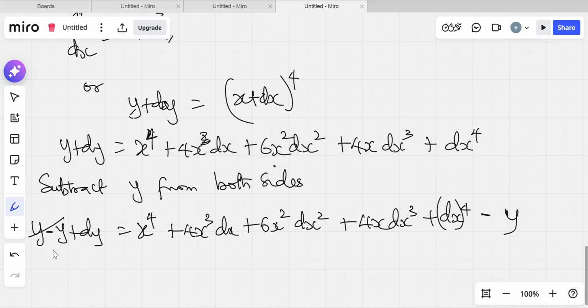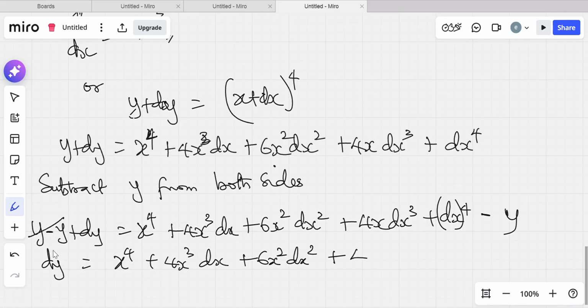So that this y can go. So dy will now be what? x to the power 4 plus 4x to the power 3 dx plus 6x squared dx to the power 2 plus 4x dx to the power 3 plus dx all to the power 4 minus x to the power 4.